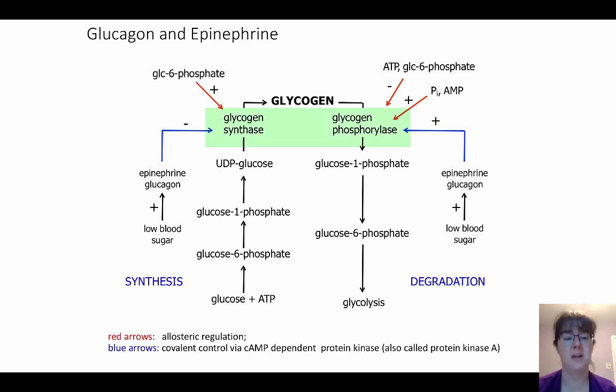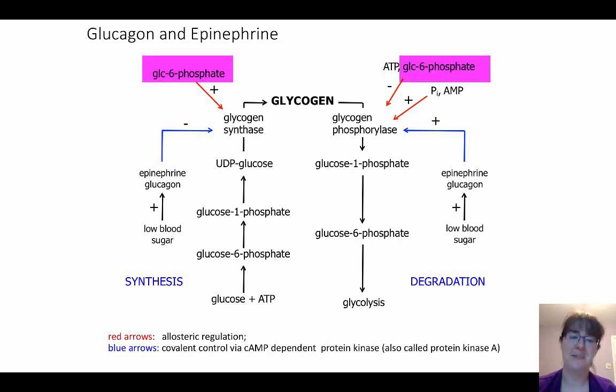Those two enzymes have their own sets of activation and inhibition. What's done here in the color is red arrows are for your allosteric regulation. So you can see allosterically that you have that reciprocal regulation with glucose 6-phosphate activating glycogen synthesis and that same glucose 6-phosphate inhibiting glycogen phosphorylase.